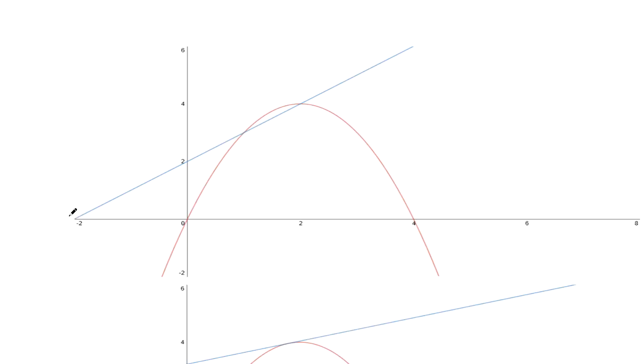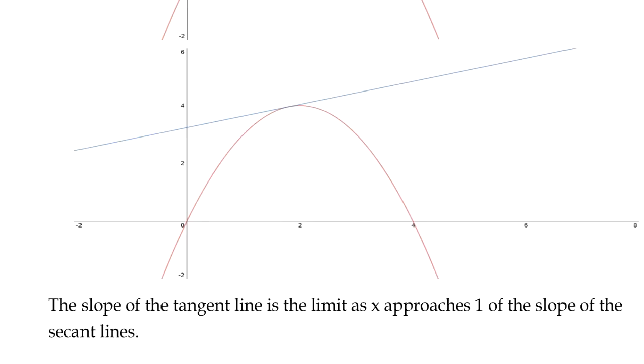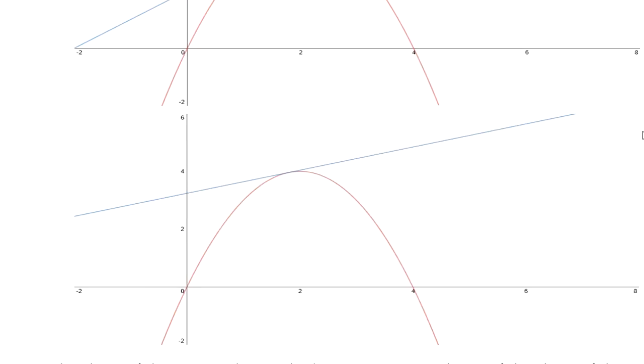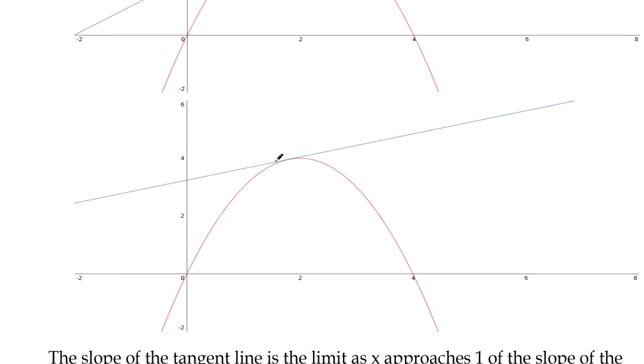Now our secant line looks like this. It's starting to look like the tangent line as we move it further and further. For instance, here, the x value is very close to 2 from the left, and so it's starting to look like a tangent line.